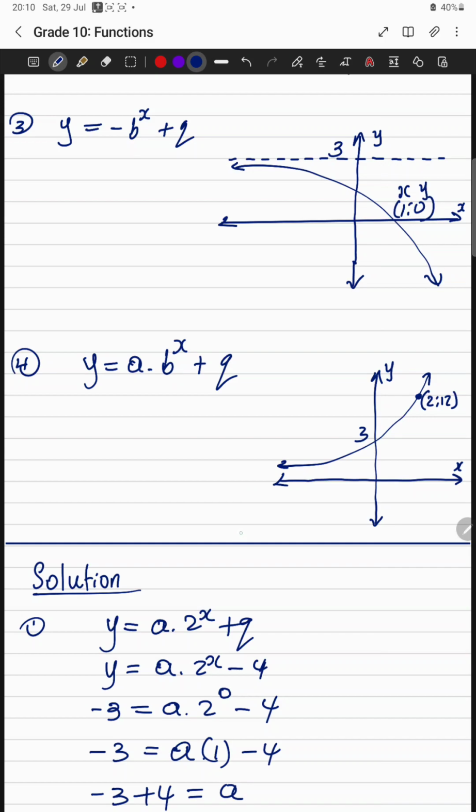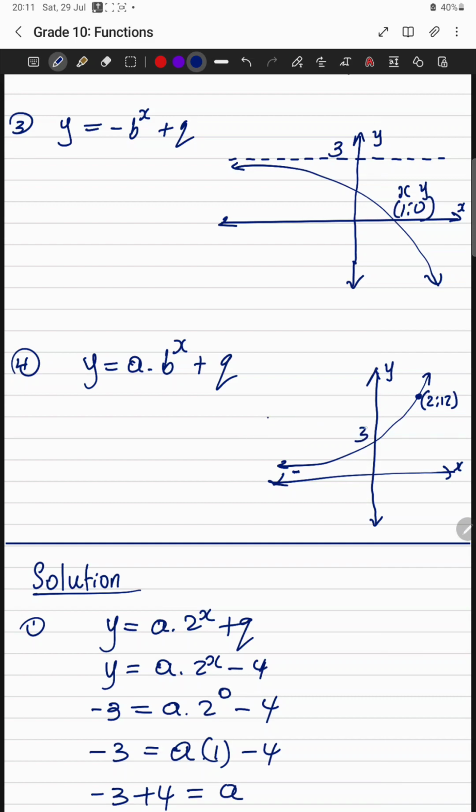we don't know q, b, and a, everything. But q is the horizontal asymptote. If we do not see any dotted line like this, we must bear in mind that the value of q is 0, simple as that.